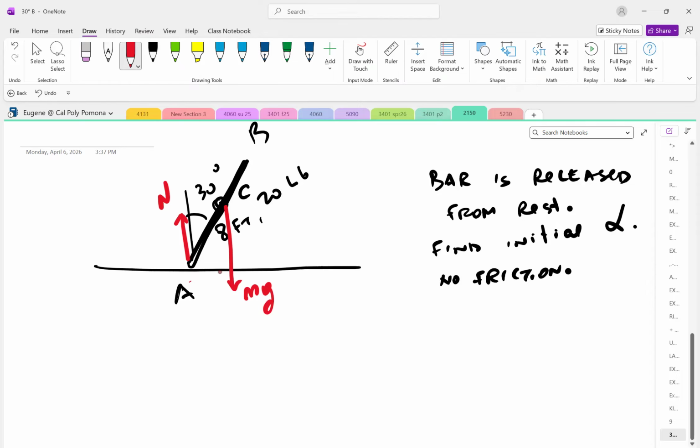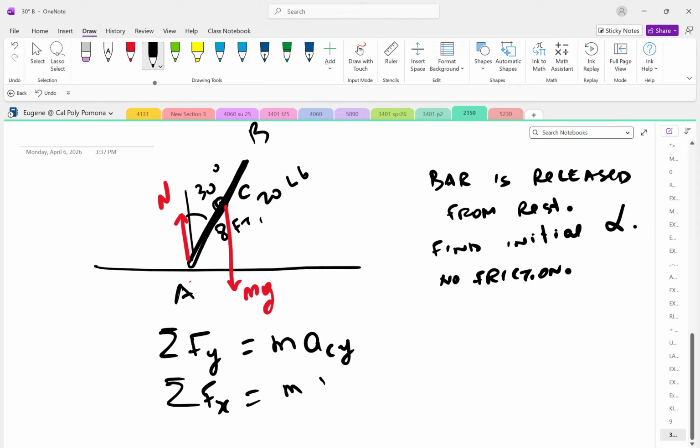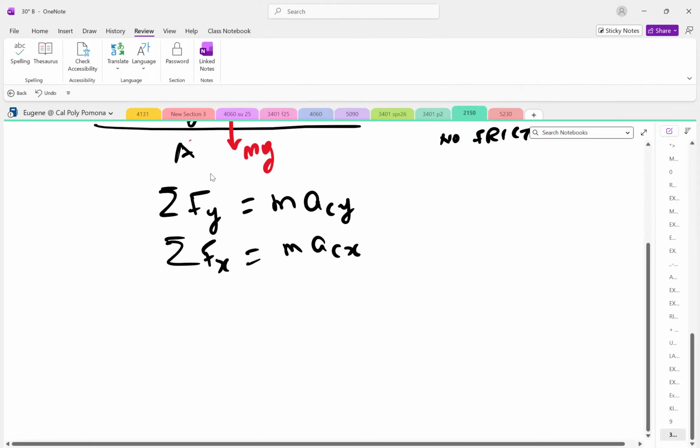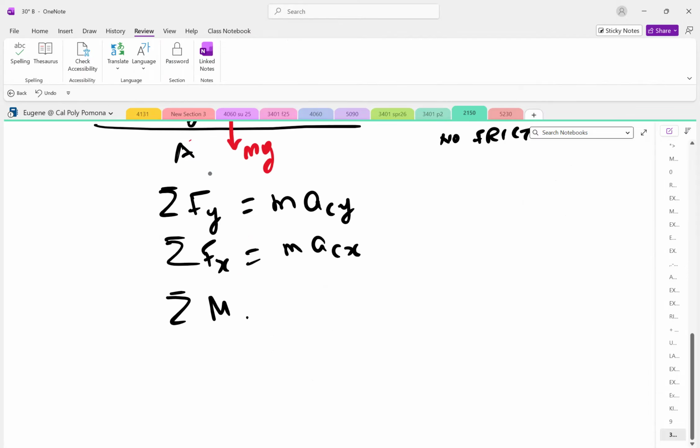No friction, so there is no horizontal force. So write down that thing. That's one version of solving this problem.